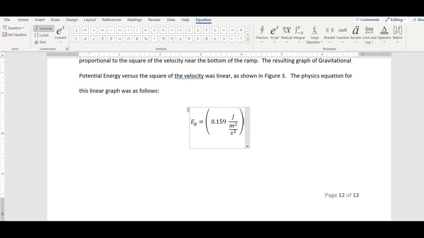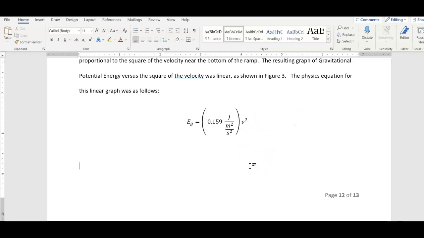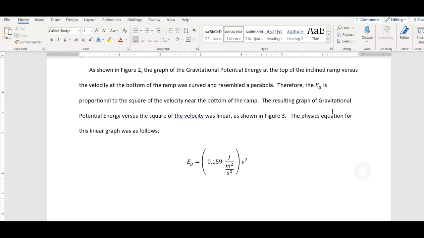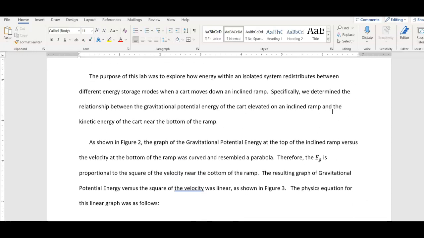I'm going to close my parentheses, and then that was times velocity squared, right? We can't really explain the slope since we had to transform the data by squaring velocity, so I'm not really going to try to do that, but at least I've told how I linearized it, and I've given a good physics equation. That's my second paragraph.